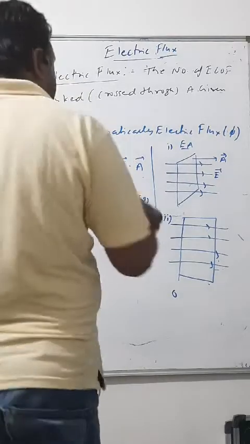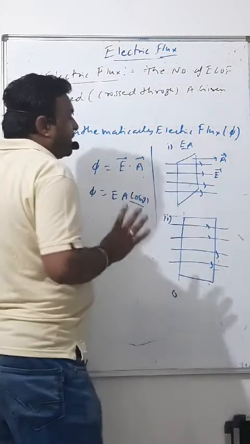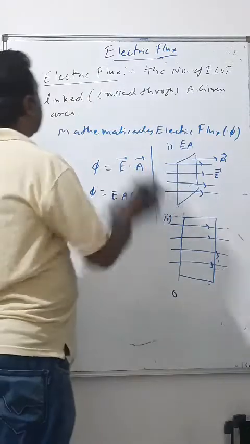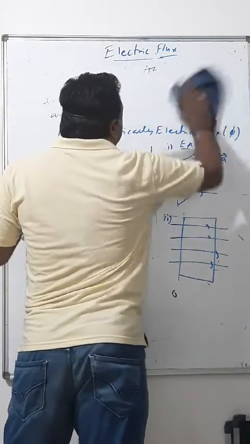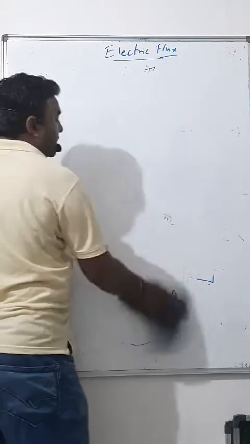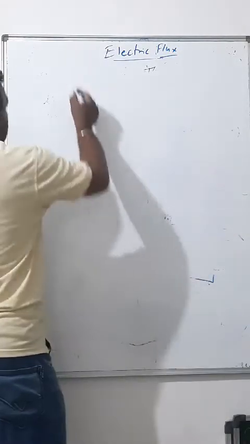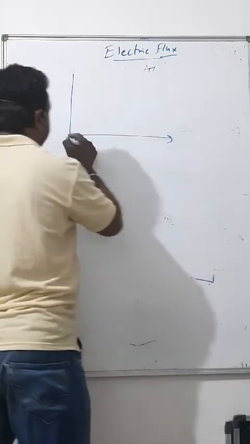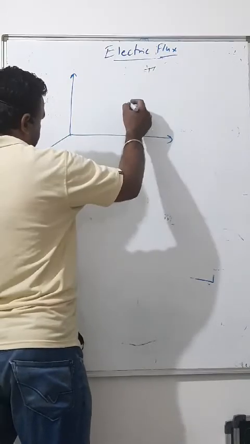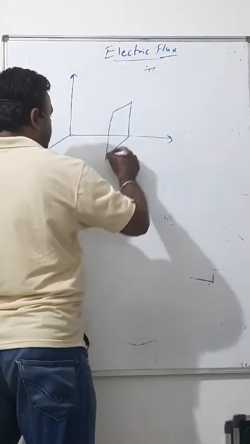Now, I have given a straight definition for a given area, for a given electric field. Let's solve an example. Fine. Then we will move further. I make this area.